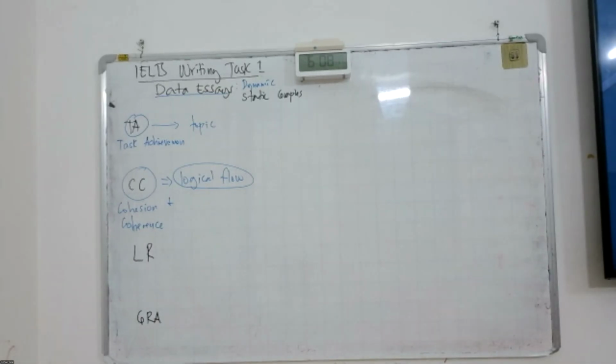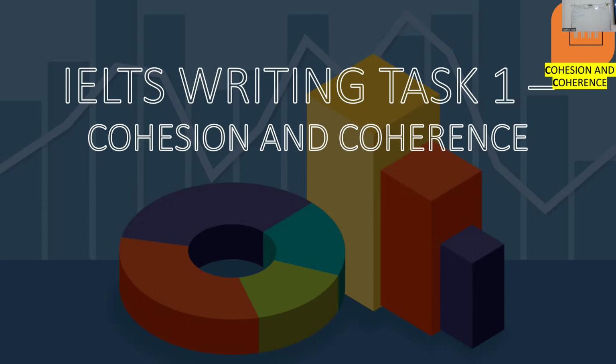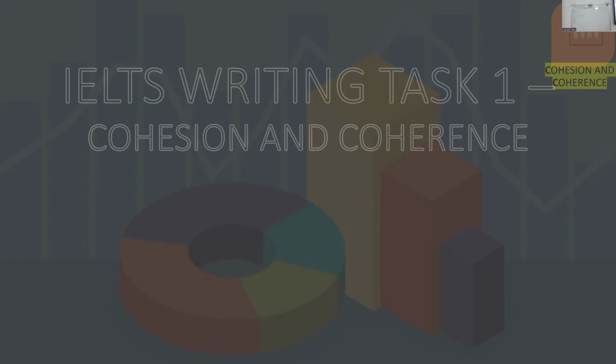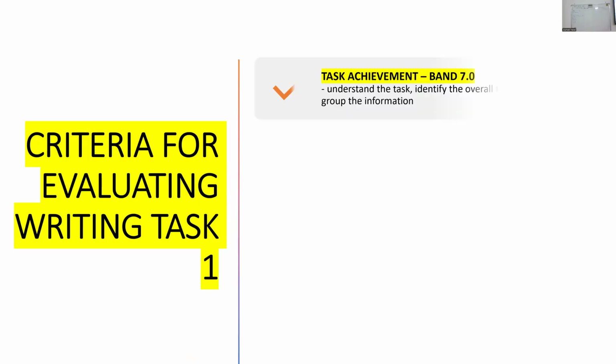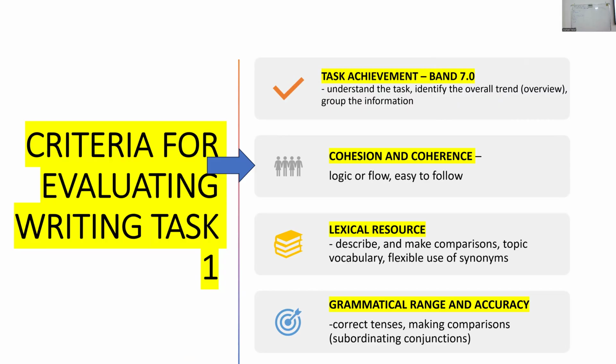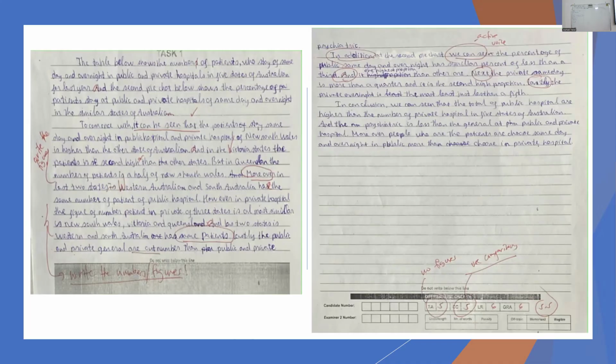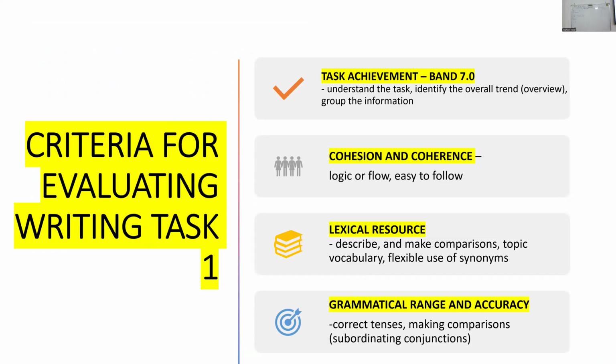So let me share the screen here about how to make the logical flow of one's writing task 1 essay. So here's how we are graded in writing task 1. We have your task achievement, which we explored last meeting. We have your cohesion, coherence, lexical resource, and grammatical range and accuracy.